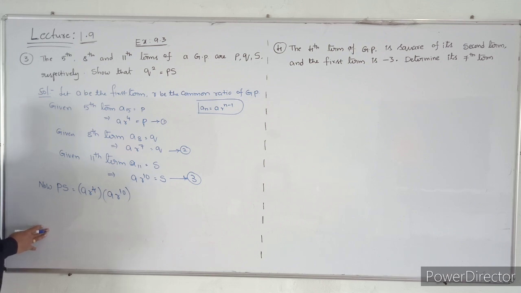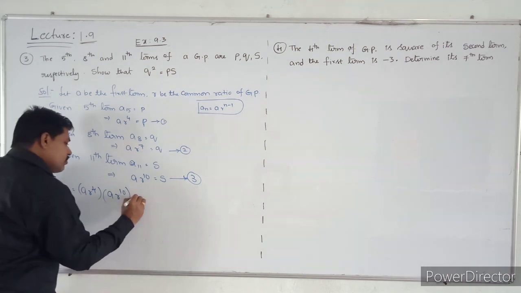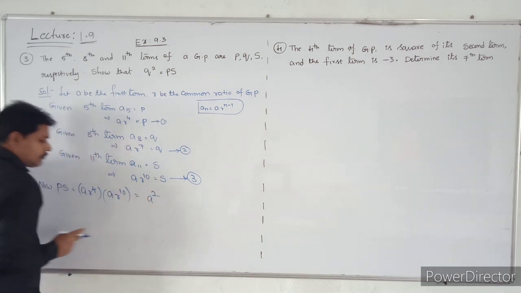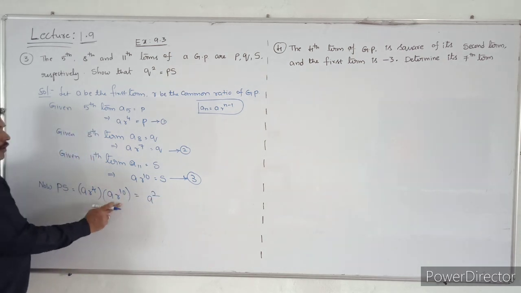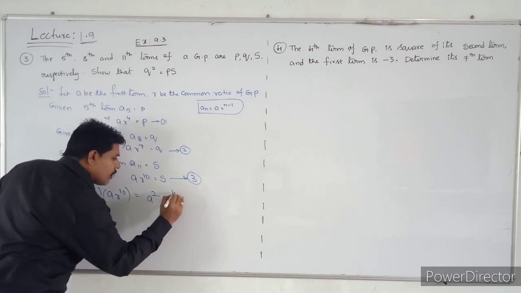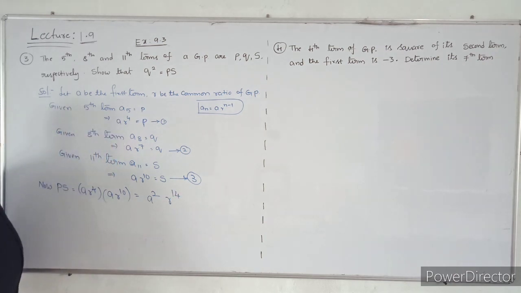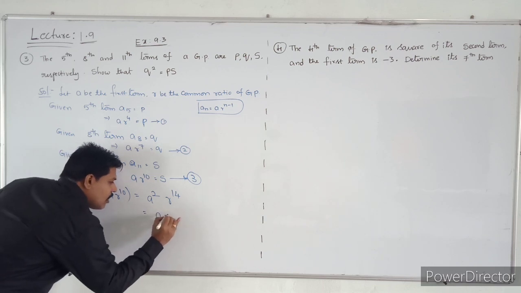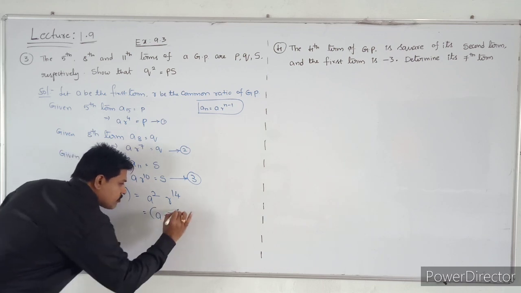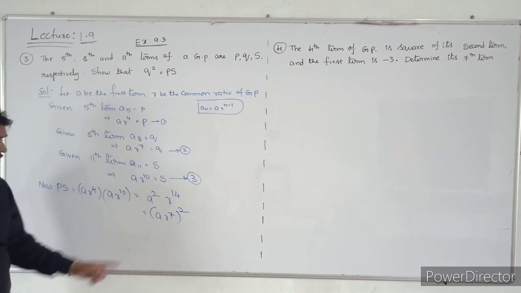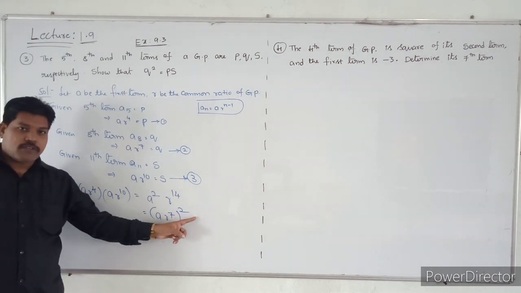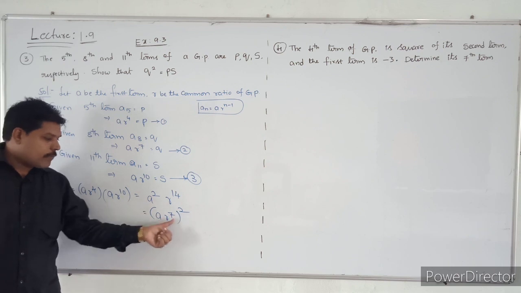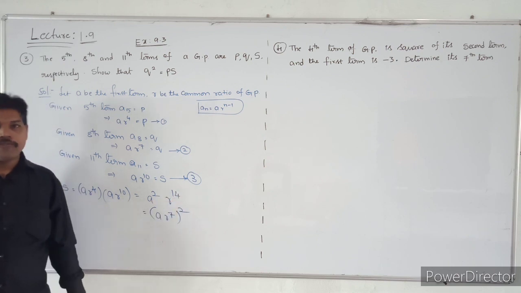So this is equal to A into A is A square, R power 4 into R power 10 becomes R power 14. This term you can write as A into R power 7 whole square, which is A square R power 7 whole square, that is R power 14.